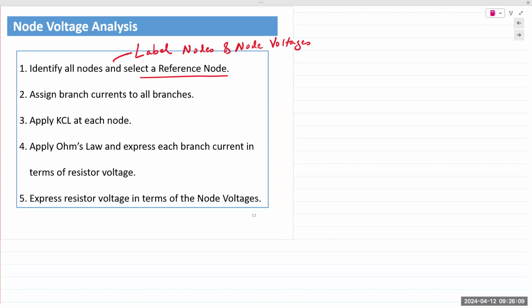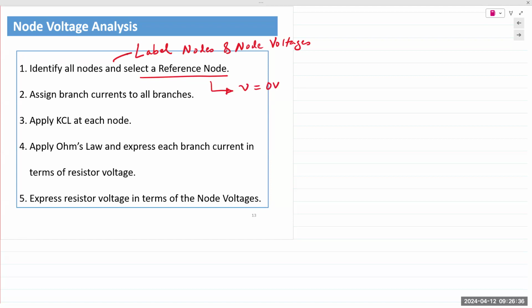And remember from last class, once you select a reference node, the value assigned to that node is 0 volts, because that is the common point of measurement for the entire circuit. So whatever your baseline is, you assign a value of 0 to that reference node. You select a reference node and you assign a value of 0 volts.